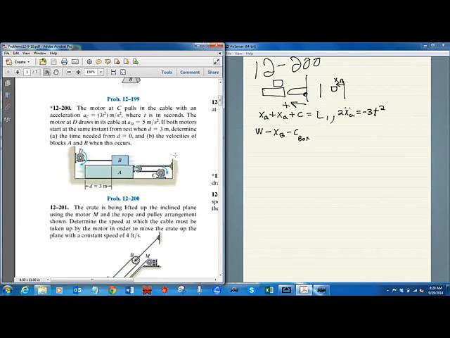Now, I think what you want to do is measure XB from the left-hand side. That's okay, but now you're going to have problems because A comes this way and B goes that way. And when you're trying to put in the 3, you're going to go, oh, man, do I put in plus or minus 3? Not that you can't do it. You just have to think more carefully. So I like to put everything in the same direction.